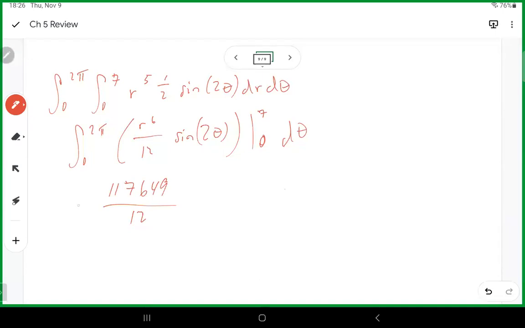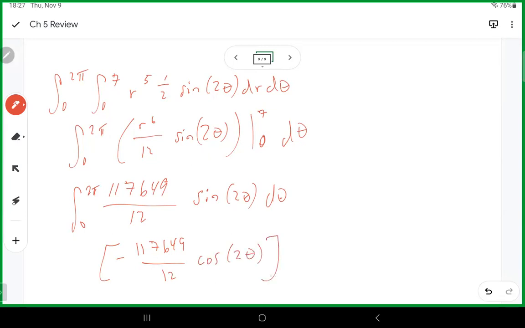And that's going to be 0 to 2 pi, sine 2 theta d theta, which is going to be negative 117,649 over 12 cosine 2 theta, 0 to 2 pi. So the answer for this one works out to be 0.